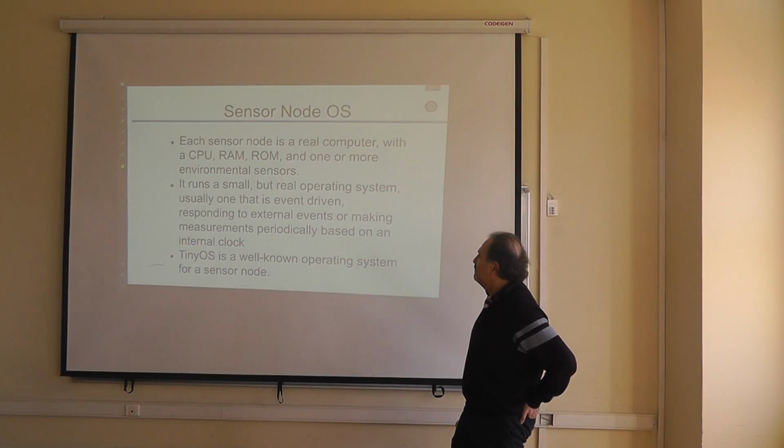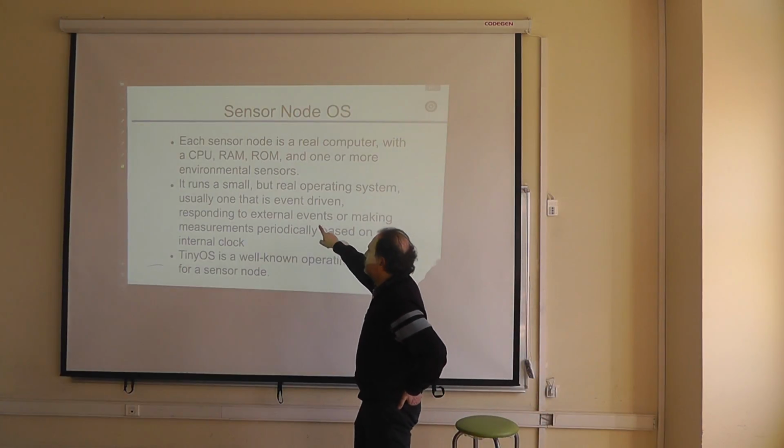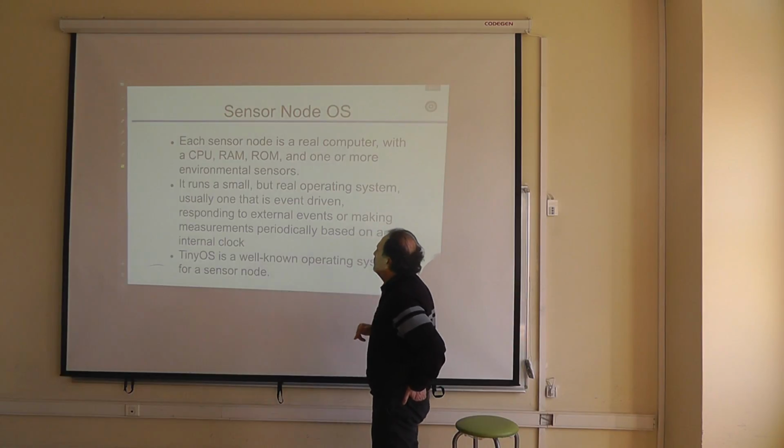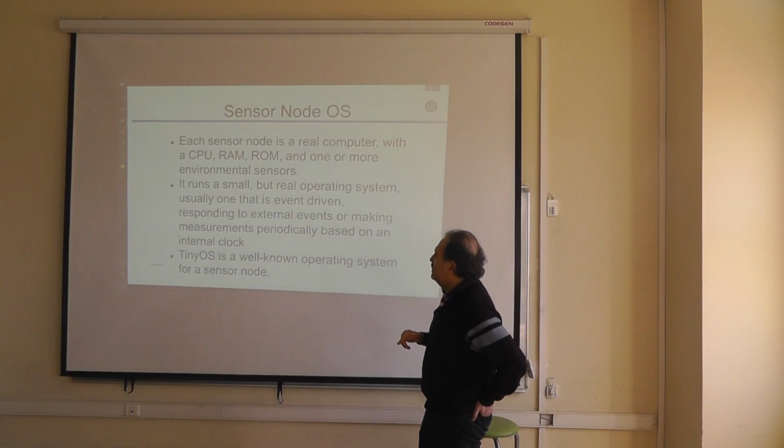That's why they are event-driven. They don't run most of the time. If something happens, let's say if a measurement is done, then some task is logged, and that task handles the event, and it records everything, and it processes all that information, and it sends the data.